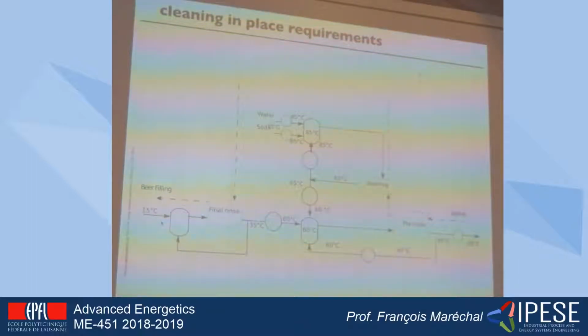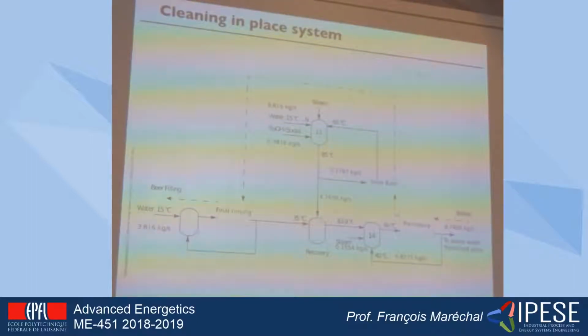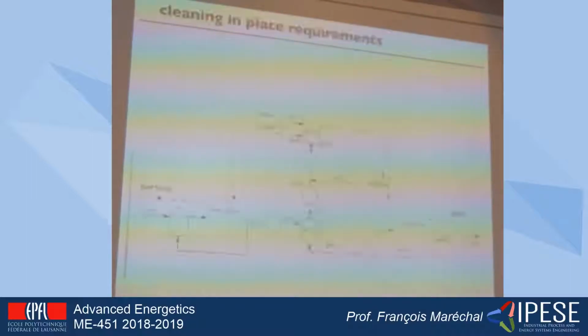So at the end, what is needed by the process is a certain amount of water that has to enter here and needs to reach 85 degrees C, so that we will have a given flow here, which is a mix of the water and the soda. Okay? And I've deduced this flow from this analysis here, because I know how much water needs to be looped here. Okay?